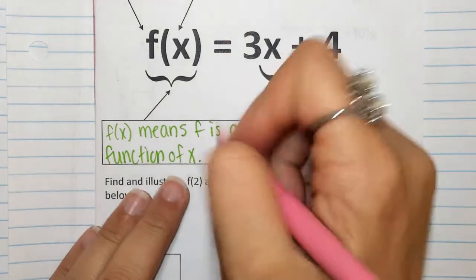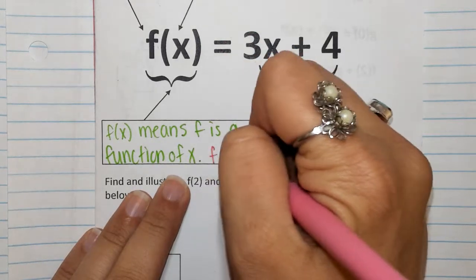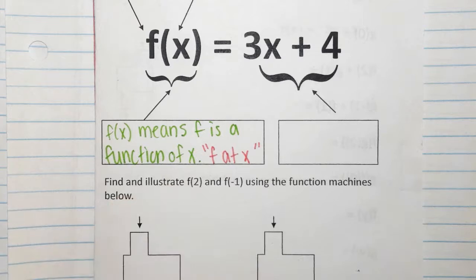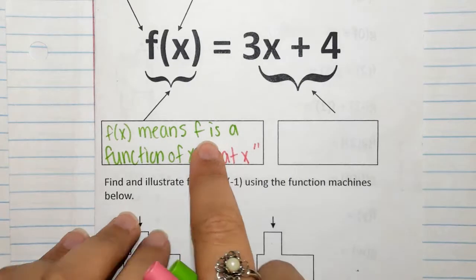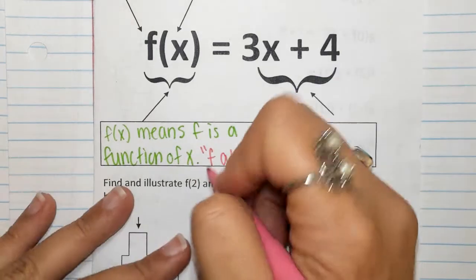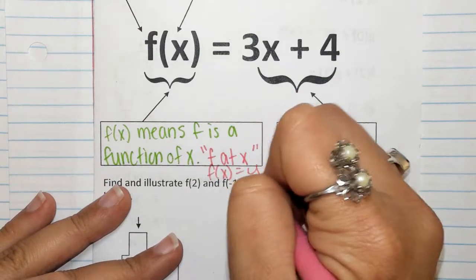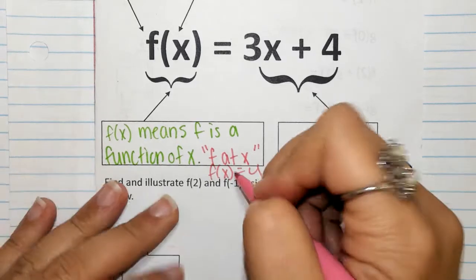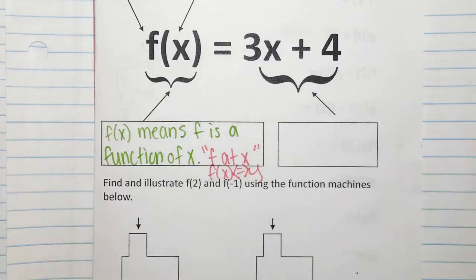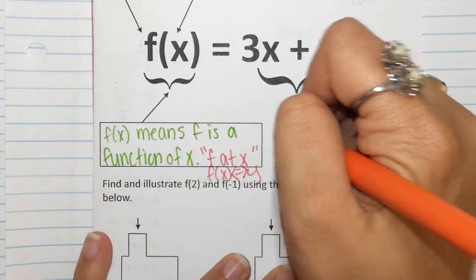And you say it as f at x, or f of x, either one. So it's where the function is at the x value, which is why f at x is the same thing as y. They are the same thing. This part is the function. Isn't it magic?